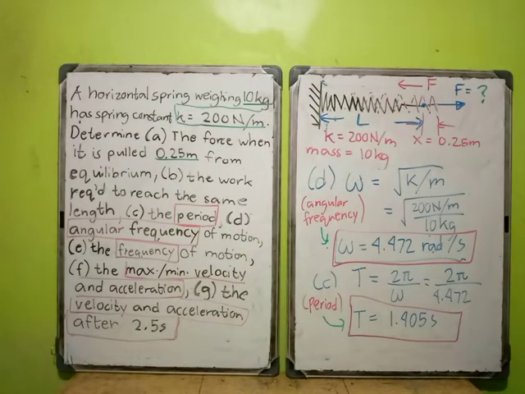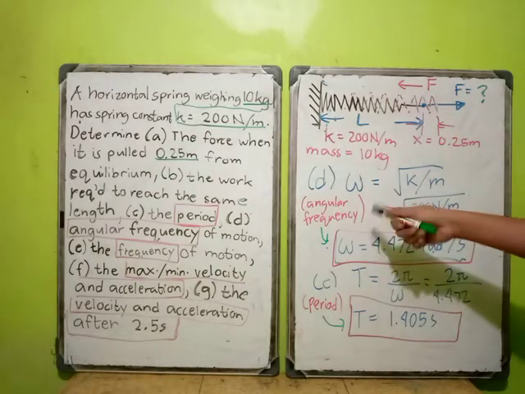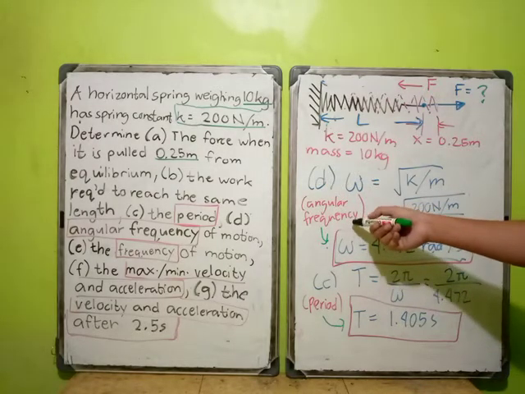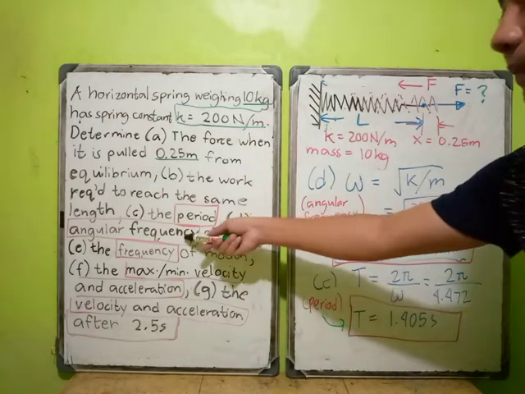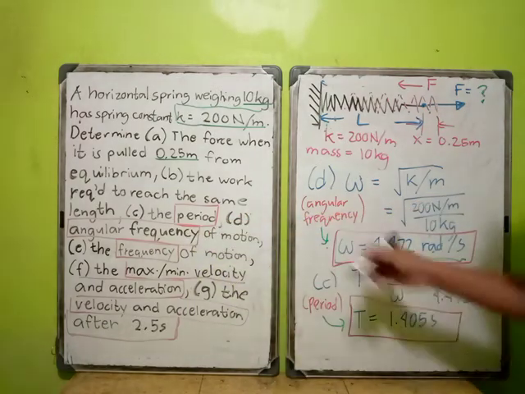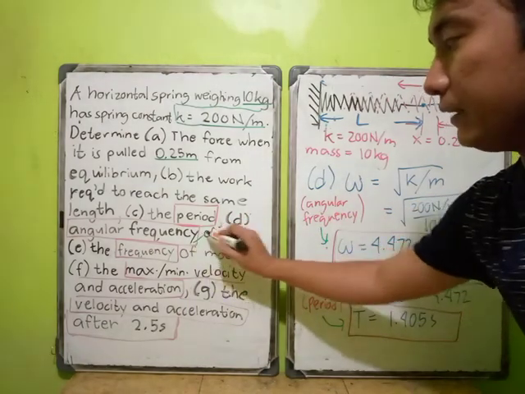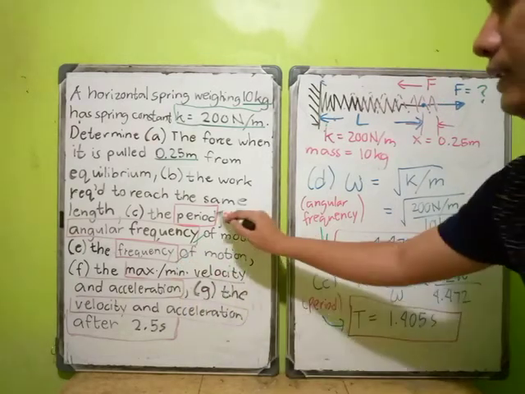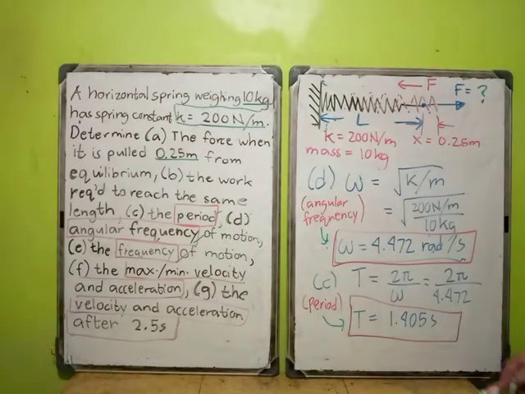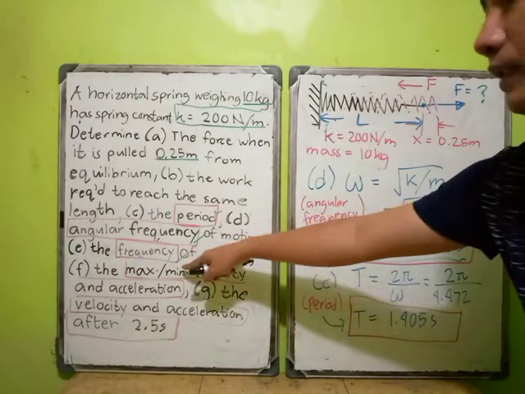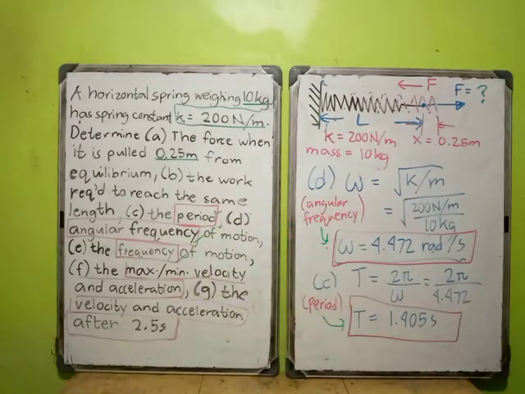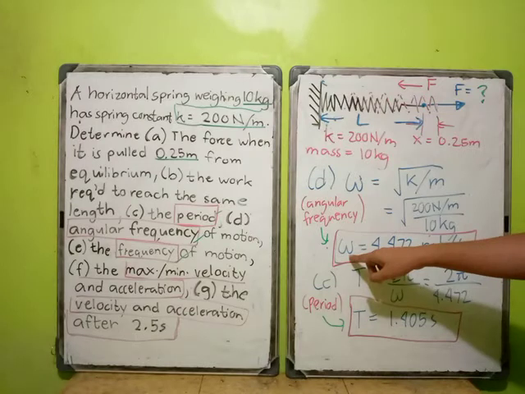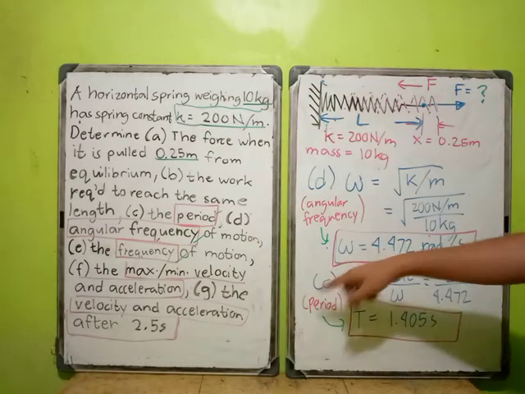because we lack space, so maybe i-erase muna natin tong D. Since si angular frequency is actually different from, okay? So, mind you lang yung angular frequency at saka si frequency, hindi sila actually magkatulad. Si angular frequency is si omega in radian per second.